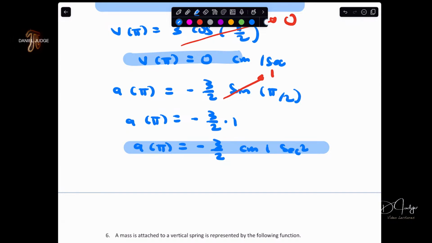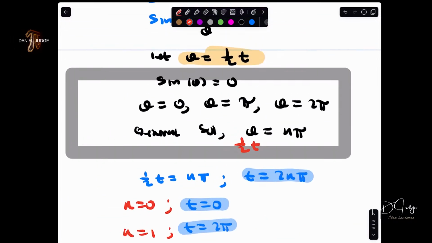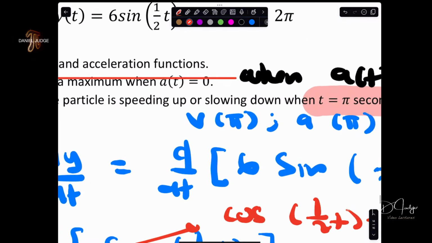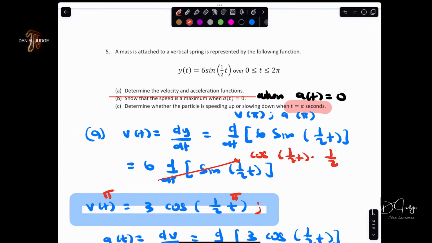Now, does that mean the particle is speeding up or slowing down? Particle's not moving. Okay, because it's stopped. So this is kind of a trick question to ask you, hey, determine if the particle is slowing down or speeding up. It's not. It's doing neither. The particle simply stopped.